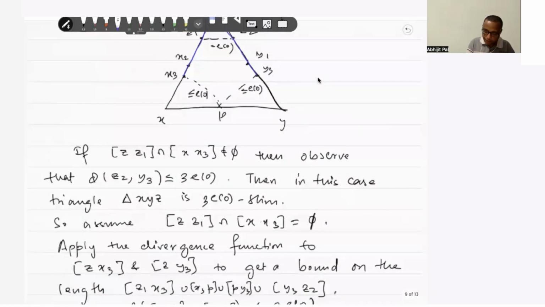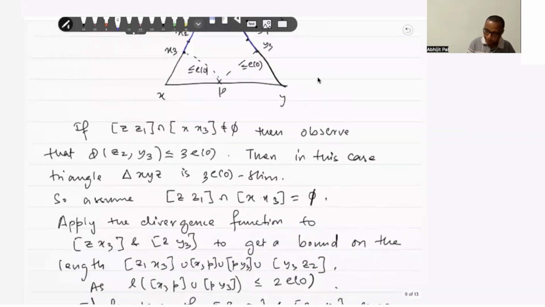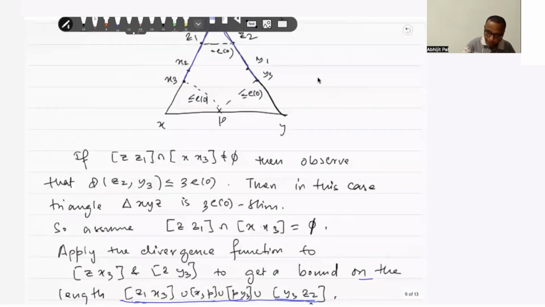And what you'll get is a bound on the length of this path. This path is a union of geodesics: the geodesic Z1X3, union the geodesic X3P, union the geodesic PY3, union the geodesic Y3Z2.